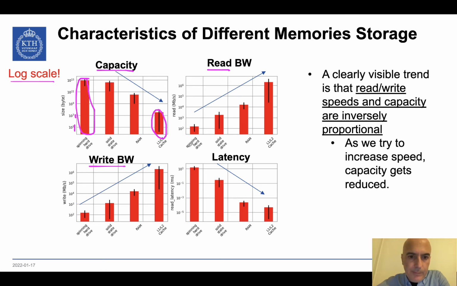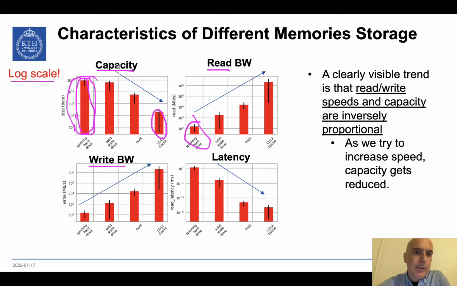As you can see, as we increase the size of the memories, the bandwidth decreases. The spinning hard drive has a small bandwidth, but has a large capacity. In general, we see a clear visible trend: the read and write speeds and the capacity are inversely proportional.